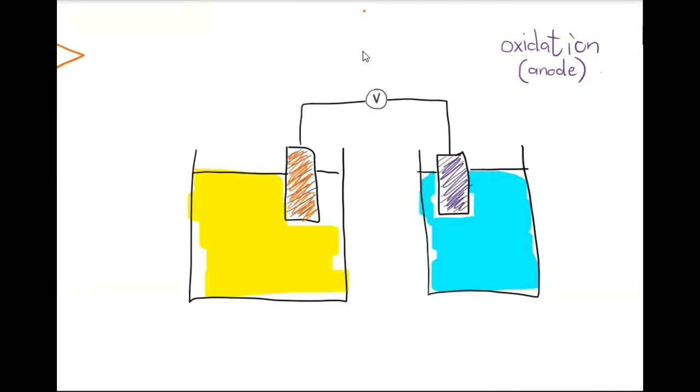And we know oxidation is loss. So if this is my anode, and I know that it's the loss of electrons, it means that electrons will move in that direction, because this side, your anode, is undergoing oxidation. Oxidation is loss, so surely it must donate or release its electrons. And this is a conducting wire with a voltmeter. We're not going to worry about any of that.